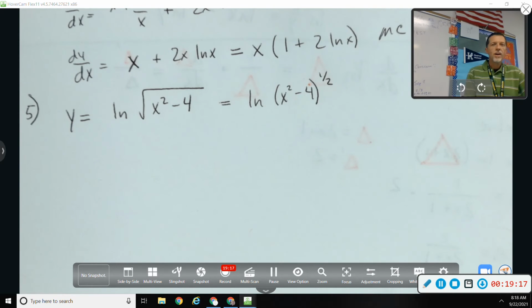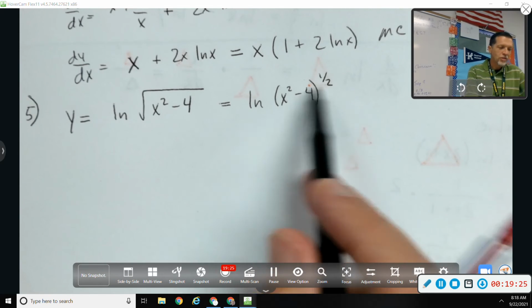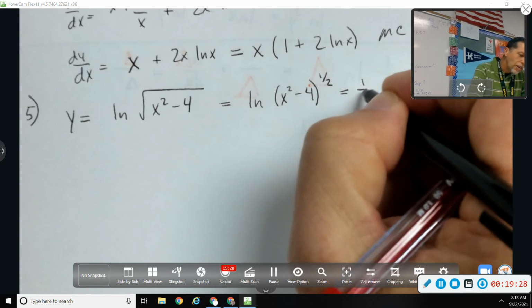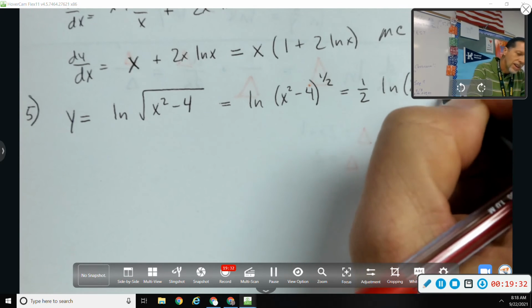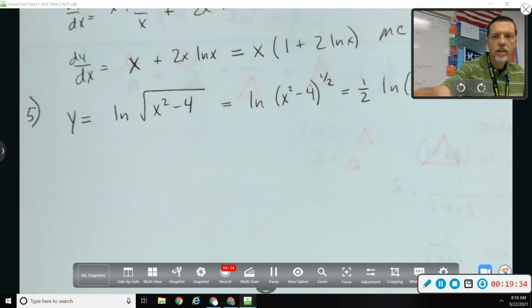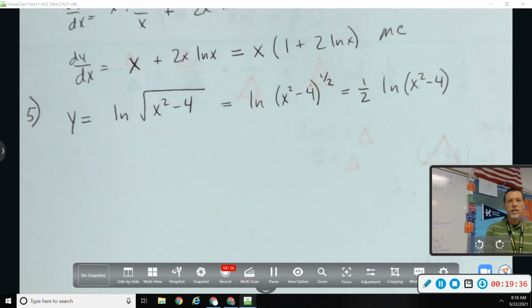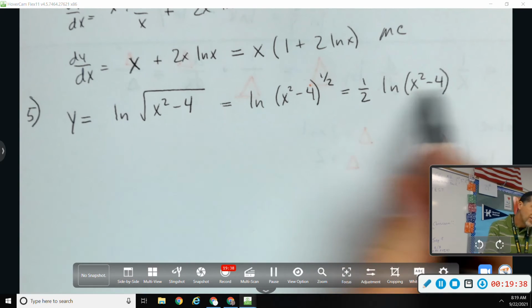Oh, there's one more algebra thing we could do. Move it to the front, which would be great. So then instead of having a square root of an x squared, that 1/2 comes to the front, and now we don't even have a square root anymore. Again, all of that is algebra, so all of that is still y equals.